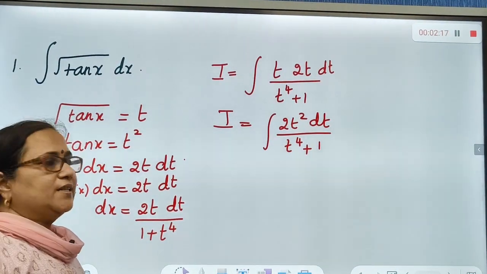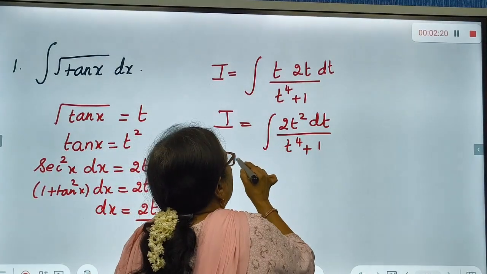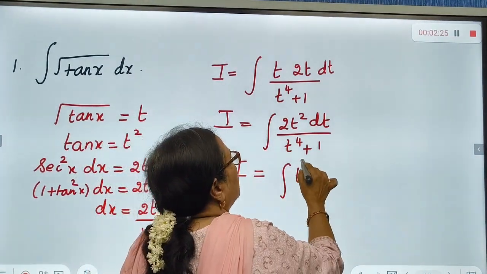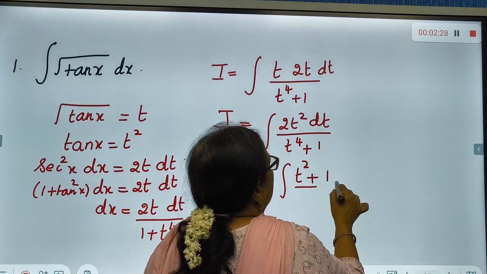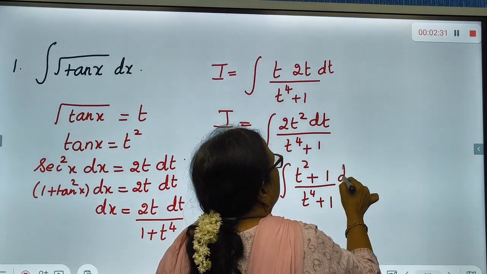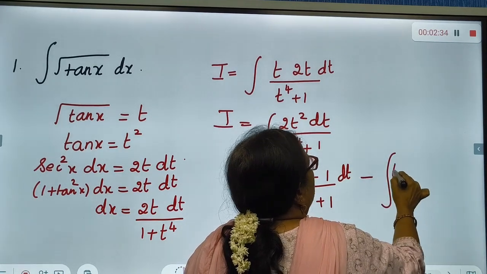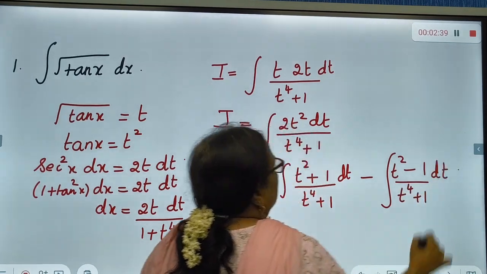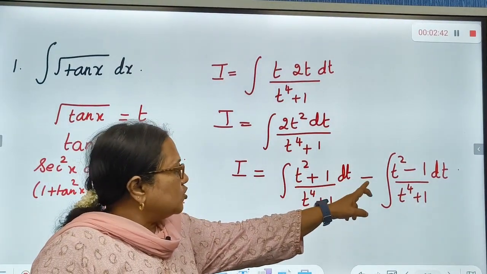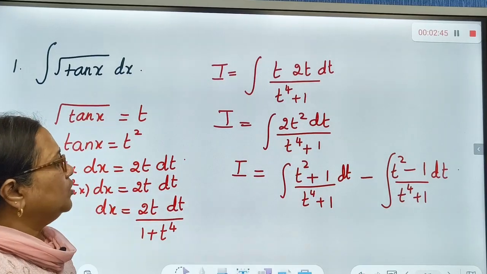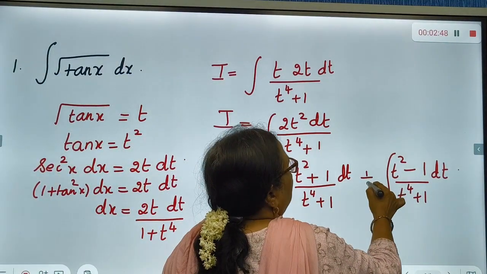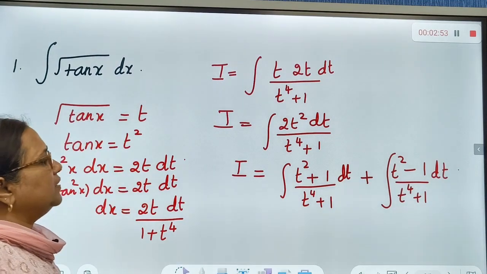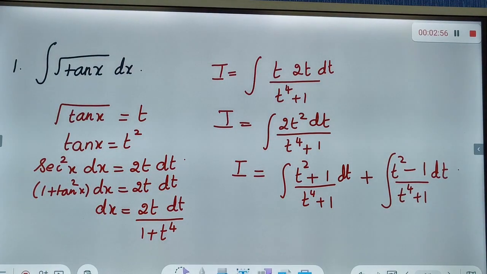So now I am going to rewrite this as I equal to integral of t square plus 1 by t power 4 plus 1 dt minus t square minus 1 by t power 4 plus 1 dt. So t square will get cancelled, and 1 minus 1 will get cancelled, giving 2t square. Denominator is t power 4 plus 1.